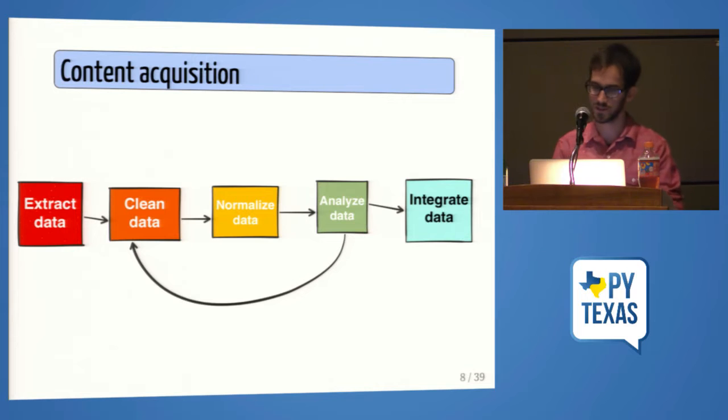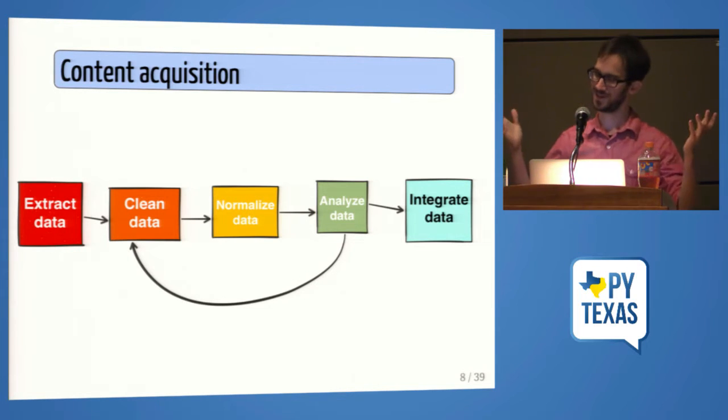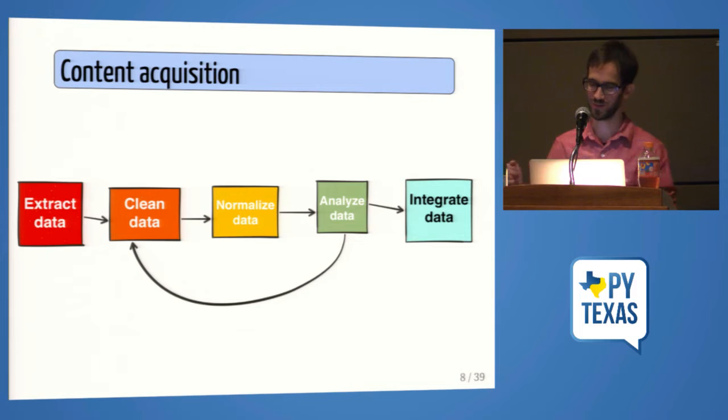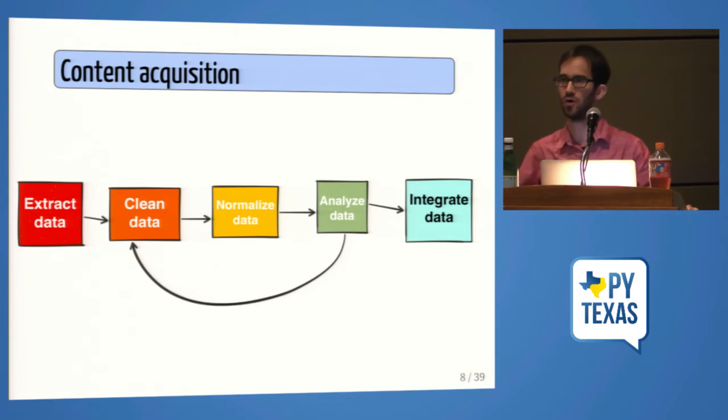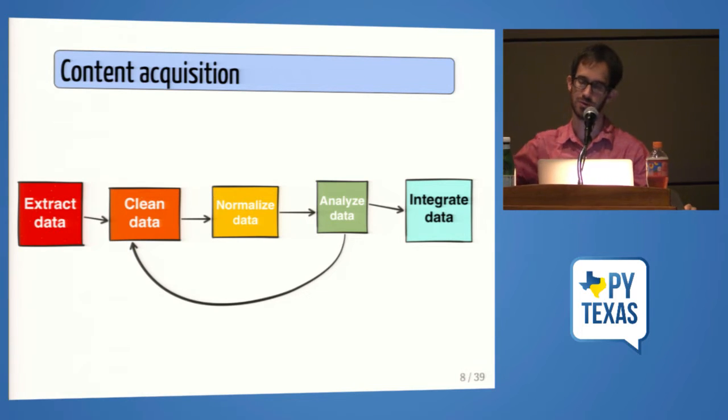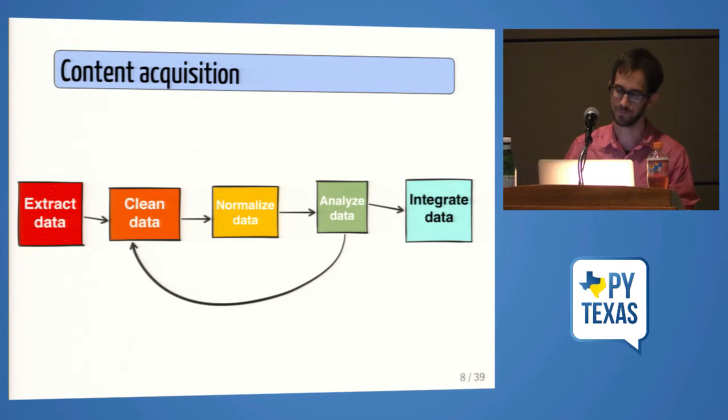So the first step is content acquisition. And surprise, surprise, it's also a workflow. You start off by extracting the data. This means that you go to all your data providers and get as much data as you can. Then you clean it, normalize it, and analyze it.